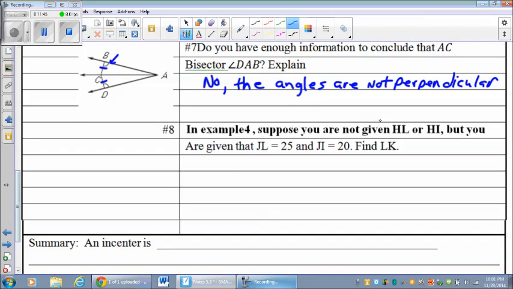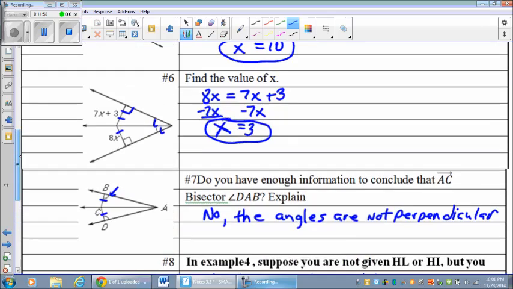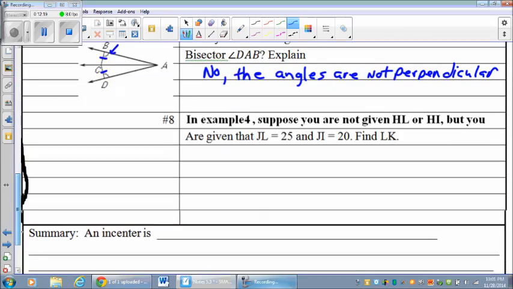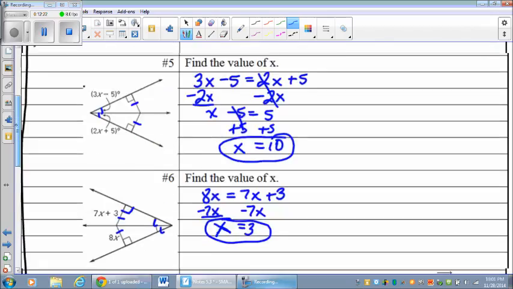Number 8. Except before, suppose you are not given HL or HI, but you are given that JL is 25 and JI is 20. So JL, let me slide back up. JL right here is 25, and JI right here is 20, and we are asked to find LK. So let's go back up.